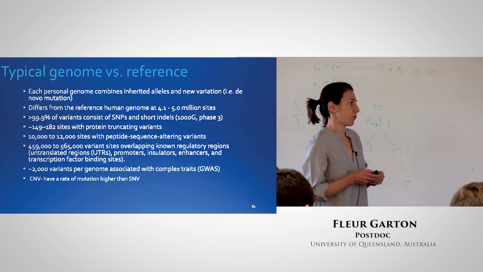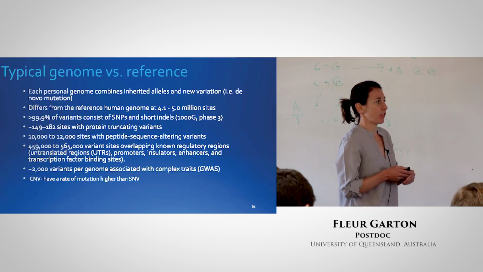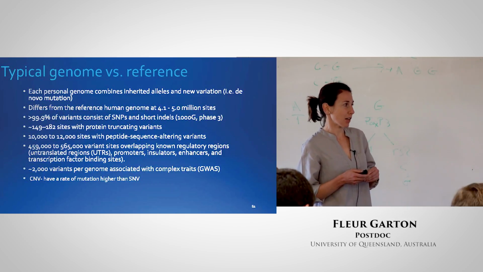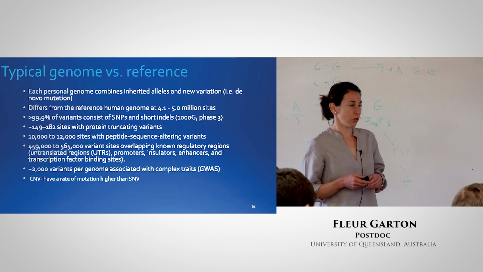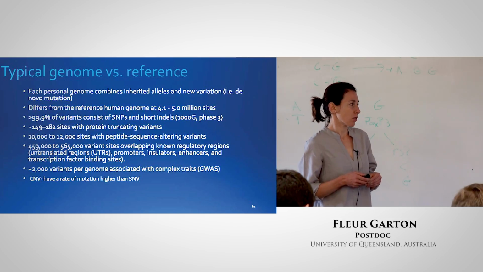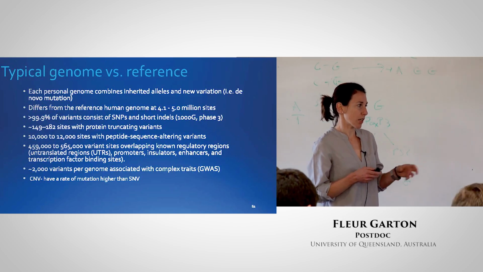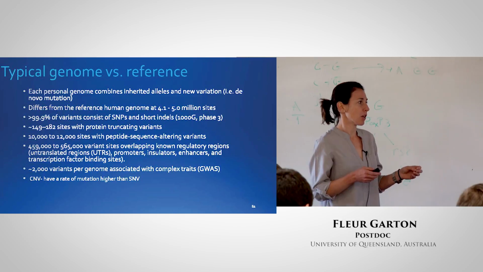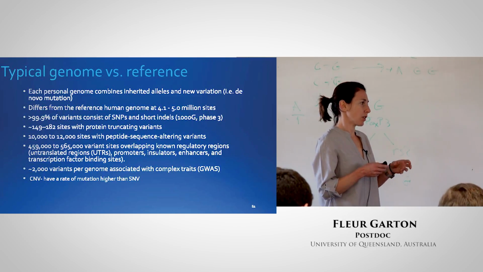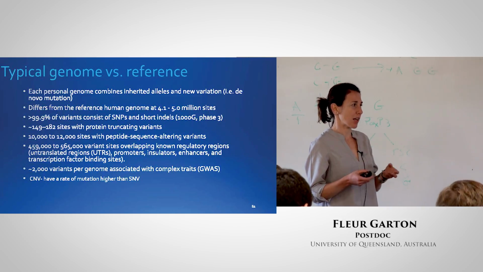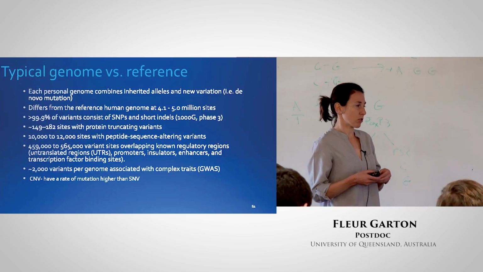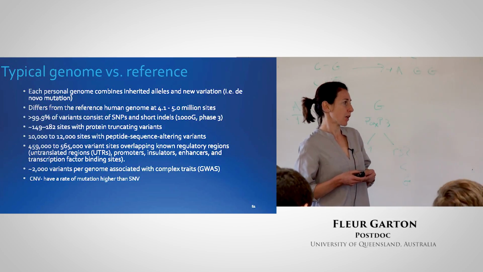And then you'll have 460,000 to 565,000 variant sites overlapping with known regulatory regions. This could be untranslated regions, so UTRs. This could be promoters, things called insulators, enhancers, and transcription factor binding sites.